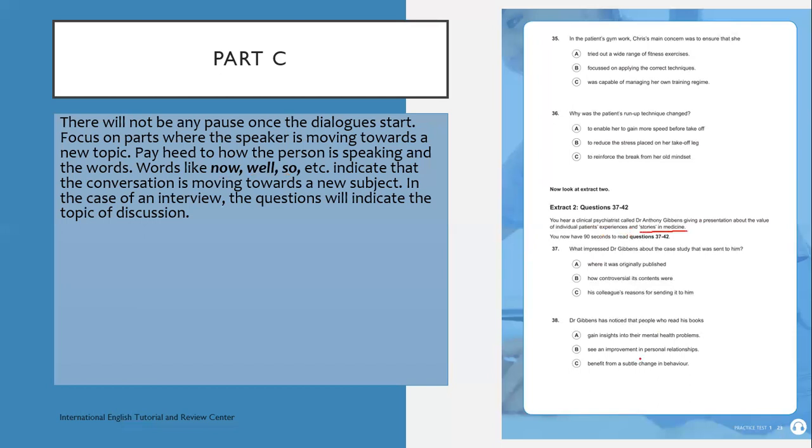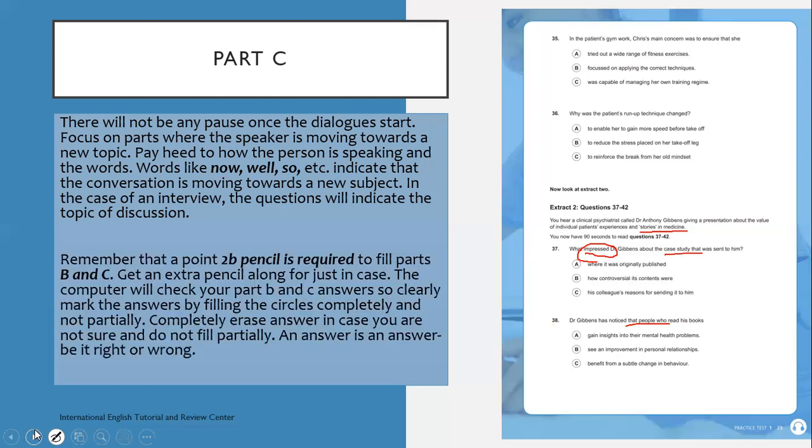So question number 37, what impressed him about the case study that was sent to him. Number 38, Dr. Gibbons has noticed that people who read his books, so read what the topic of that particular interview or presentation is.